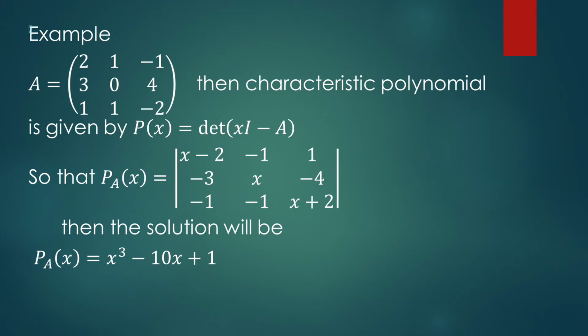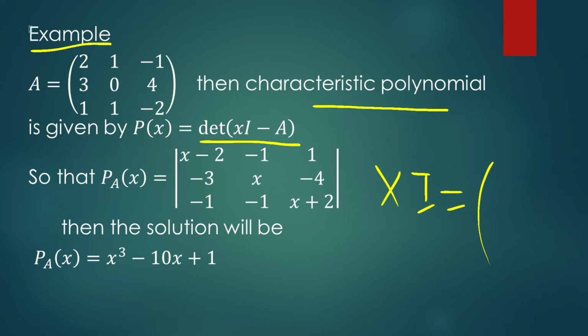Okay, let's look at an example. We have A here, which is a square matrix, and we want to find its characteristic polynomial. By our definition, the characteristic polynomial will be given by p(x) being the determinant of xI minus A. This matrix xI is basically the matrix x times the identity.